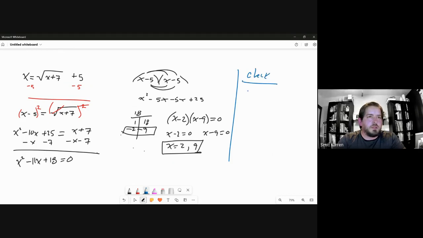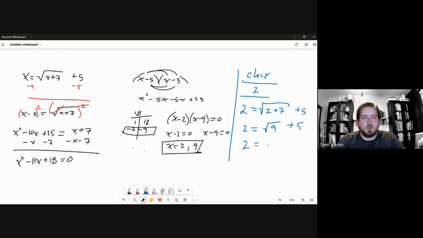So I'm going to check first 2. If I plug 2 in, I get 2 equals the square root of 2 plus 7, and then plus 5, right? Or 2 equals the square root of 9 plus 5. The square root of 9, though, is 3.